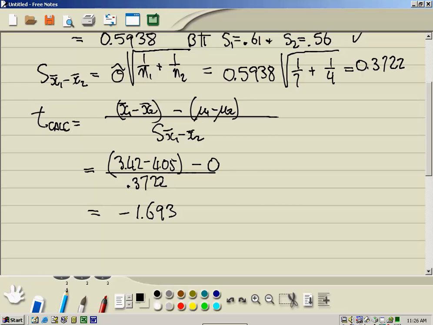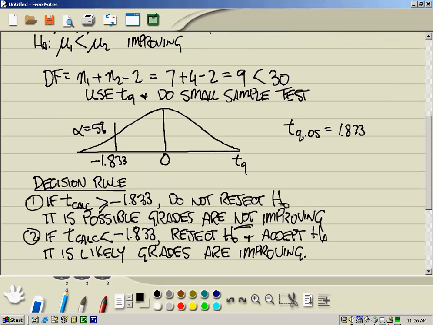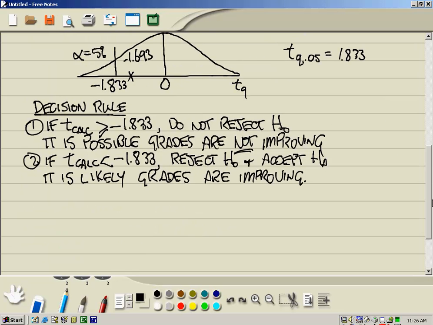Alright, and let's go back to our decision rule to see where that falls. Negative 1.693 is above the critical value, and we're inside the acceptance region. So the decision is not to reject the null, and it seems like the grades are not improving.